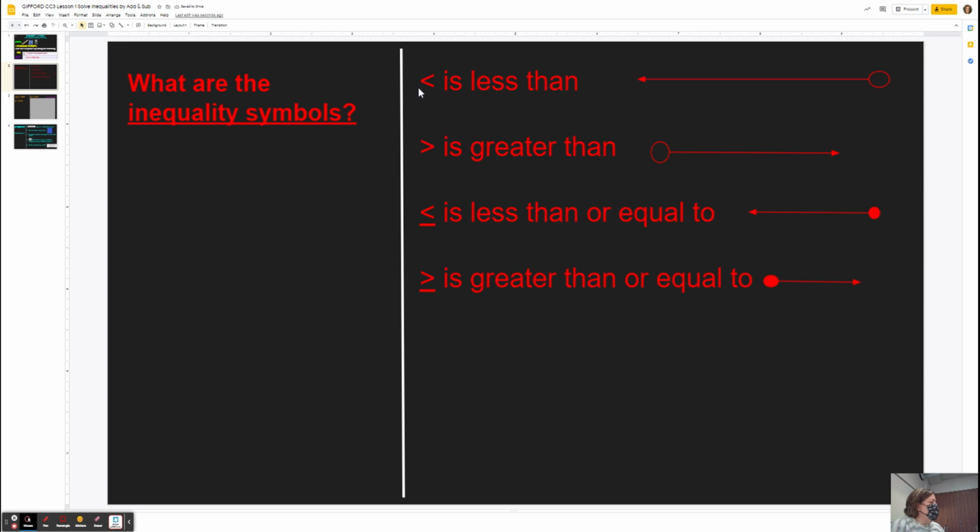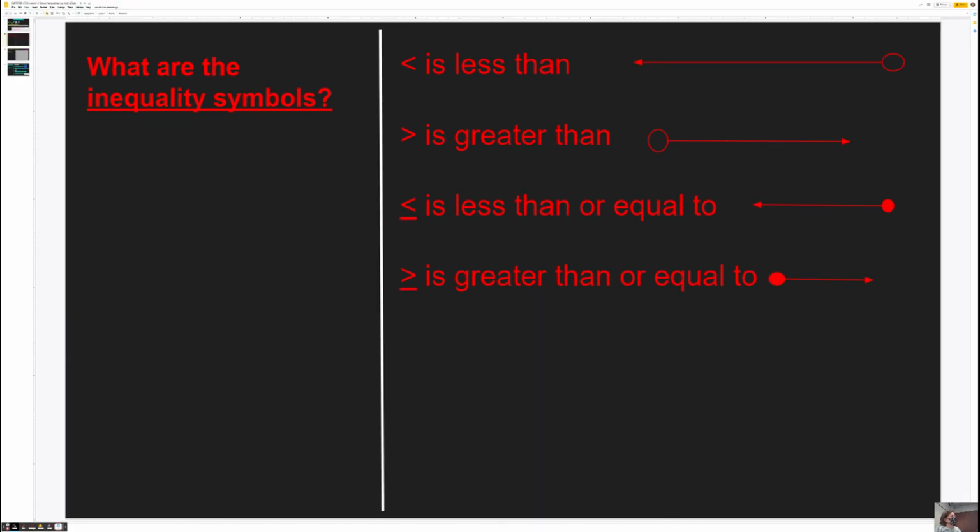All right, so again, the less than symbol is the sideways V pointing to the left-hand side. If we had a variable, we would read it X is less than whatever the number is. Okay, and then we have an open circle on that number, and then we would shade to the left-hand side for whatever that number is representing.